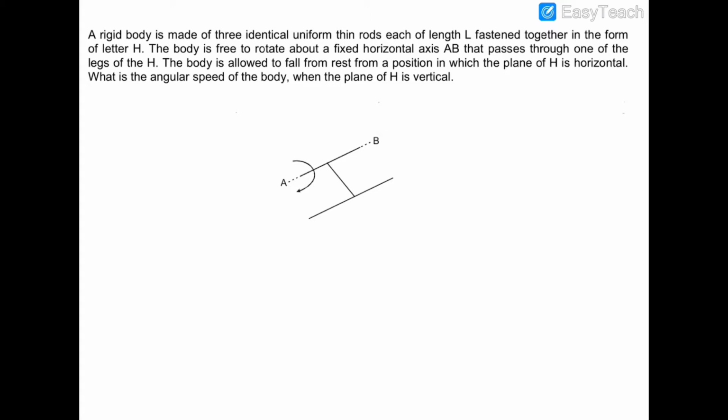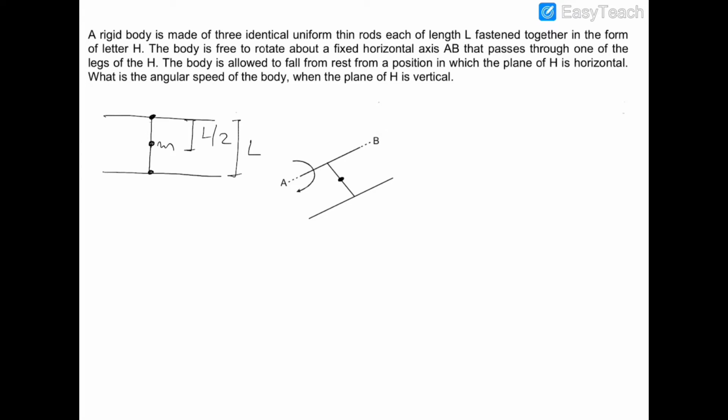So in this question also we have to conserve the energy, and we can see that initially this H was horizontal, so when this H would become vertical like that, the mass m of this middle rod has descended by a length of L by 2, and the mass m of this lower rod has descended by a length of L. The mass m of this upper rod is at its initial position because this rod is not allowed to translate.